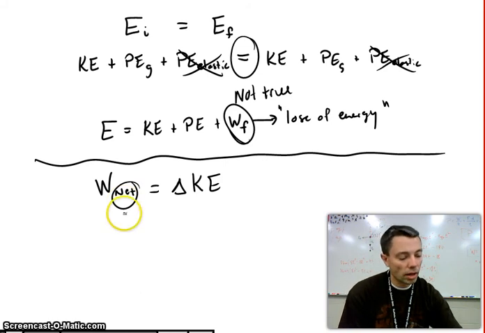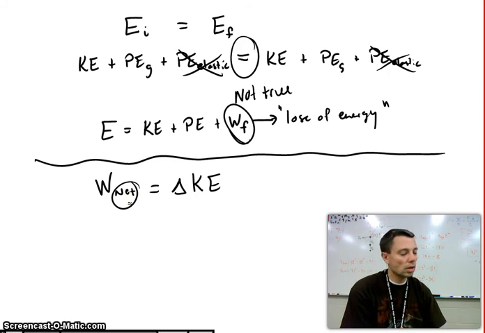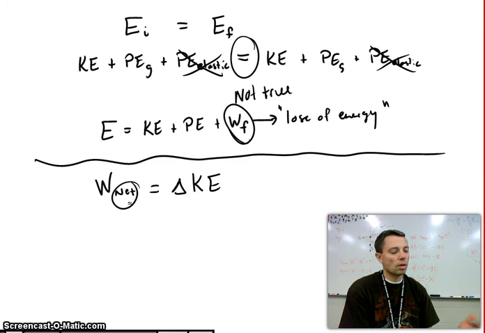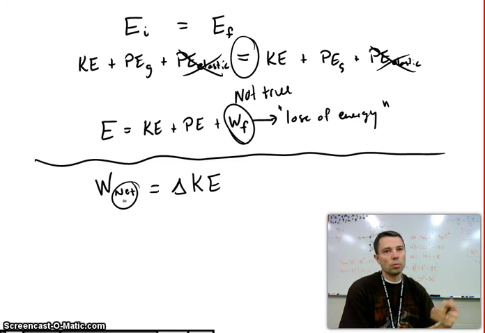If I wanted to look at it and the only force that's being applied is, say, a frictional force, I could look at the work done by friction as the change in my kinetic energy. If the only thing that's causing my object to move is an applied force, that would be the work done by the applied force, okay?